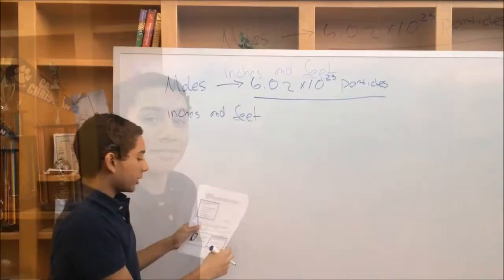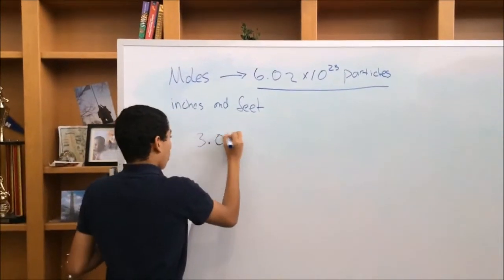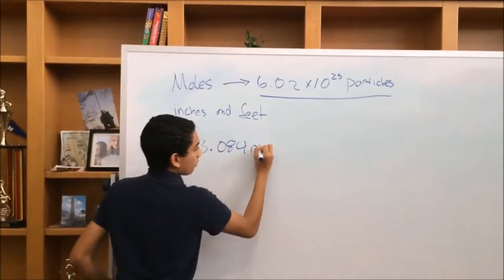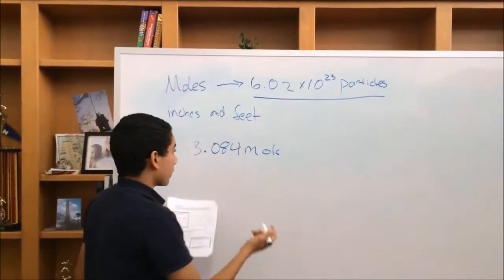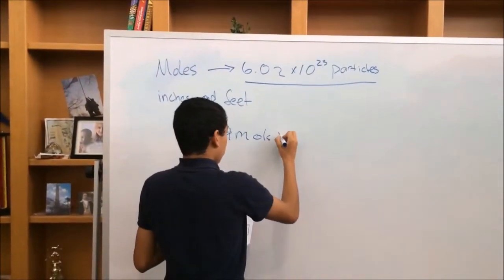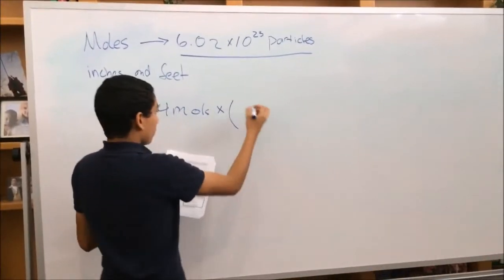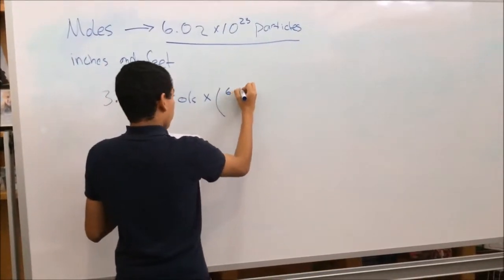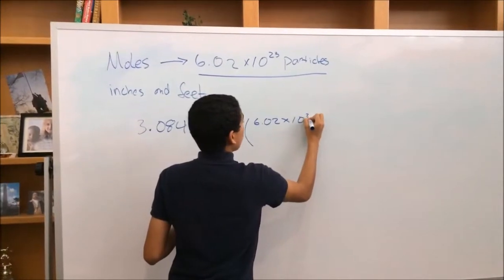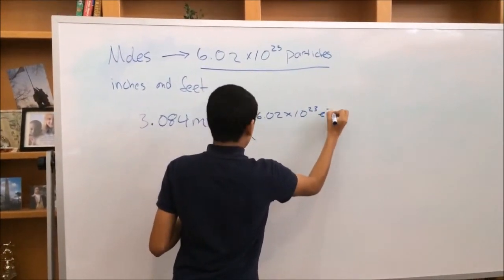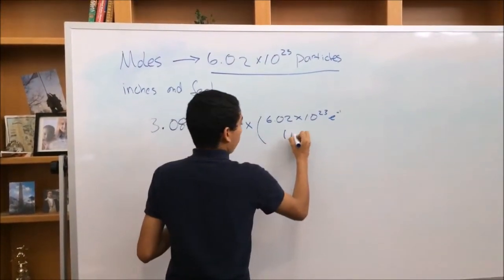An example of this is 3.084 moles, and we're trying to convert this into electrons. So we multiply it by Avogadro's number. So 6.02 times 10 to the 23rd power e, which is for electrons, over 1 mole.